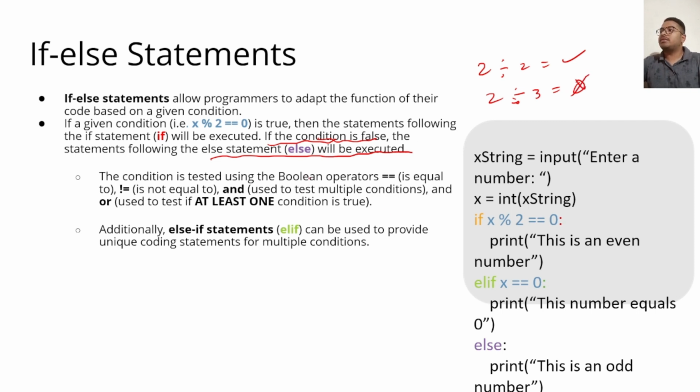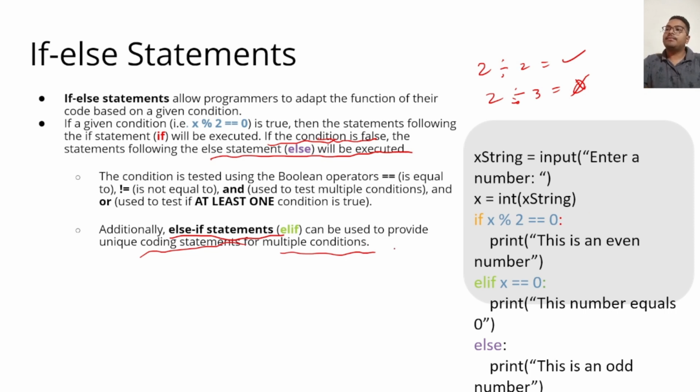Next, the condition is tested using the Boolean operators is equal to or not equal to, and is used to test multiple conditions. And, or is used to test if at least one condition is true. Additionally, else if statements can be used to provide unique coding statements for multiple conditions.